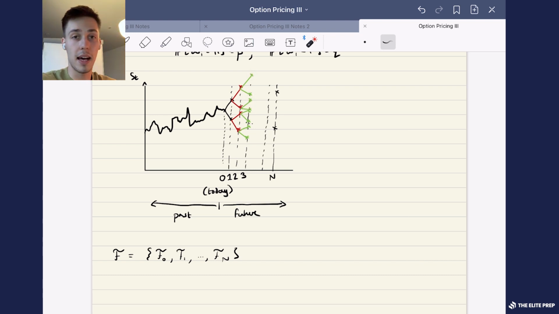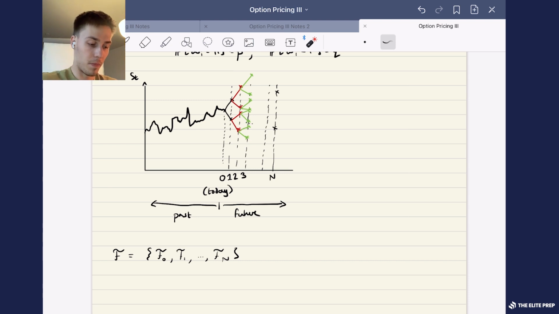And not only that, we know exactly the path which we've taken in these states. So for example, the stock could do this. So we go heads, tails, heads, and we reach this value at time 3. And that's the information which this filtration gives us.